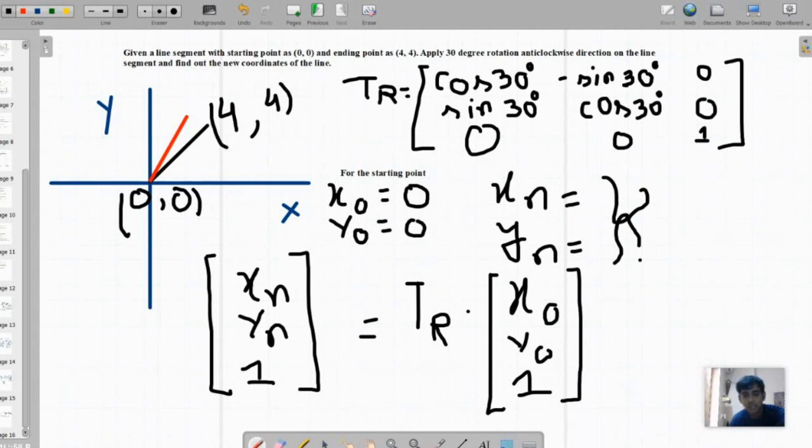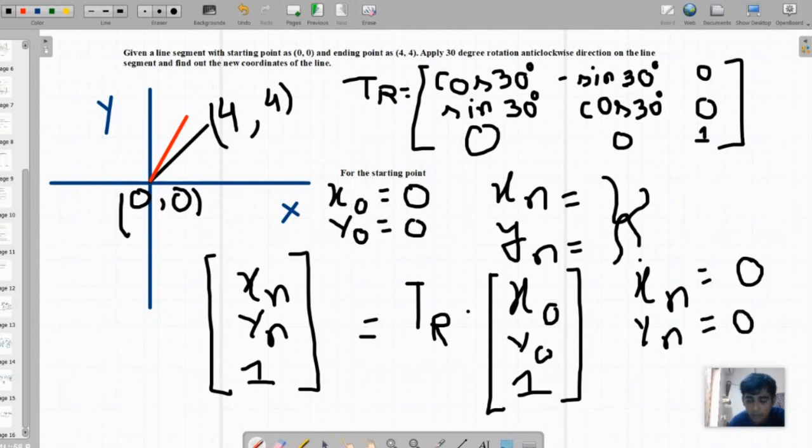Now, if you complete this multiplication, at the end you will get the new coordinate values for xn and yn after rotation. So try to solve the problem. As both the points are actually 0, after doing the multiplication, you will get xn equals to 0, yn equals to 0.